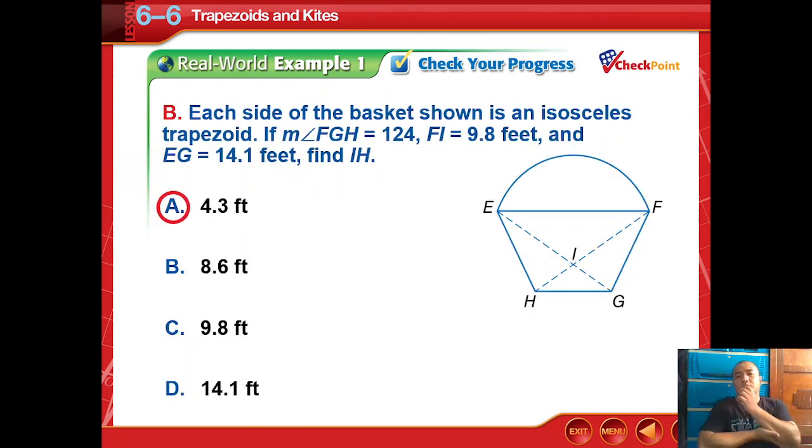Next, find the measure of IH. FI is 9.8, EG is 14.1 feet, find IH. Just subtract 14.1 minus 9.8, because the diagonals of an isosceles trapezoid are congruent.